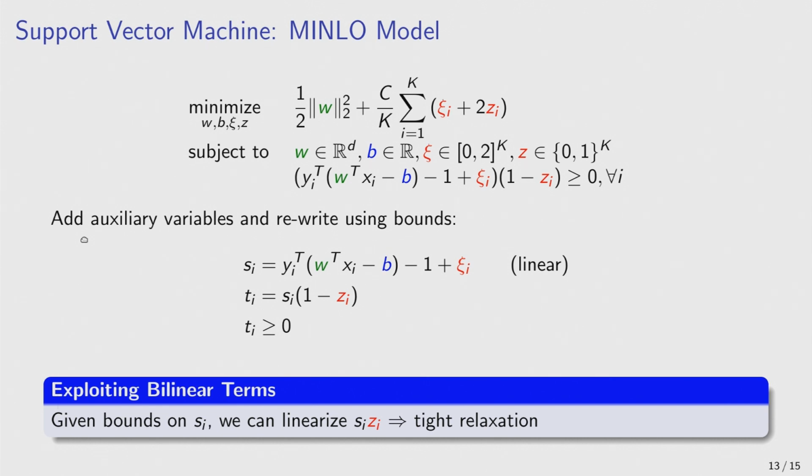Then we end up with one bilinear expression and a non-negativity. And we can now use the tricks that we had earlier to linearize Si times Zi. If we have bounds on Si, which we can obtain by finding bounds on this expression, then we can linearize our expression Si times Zi, and we can use that to write down potentially tight relaxations.